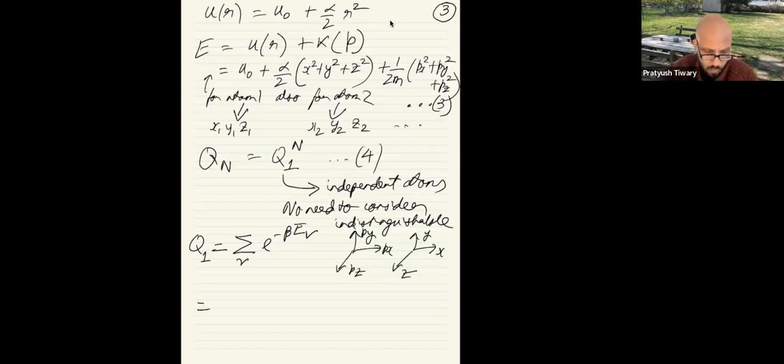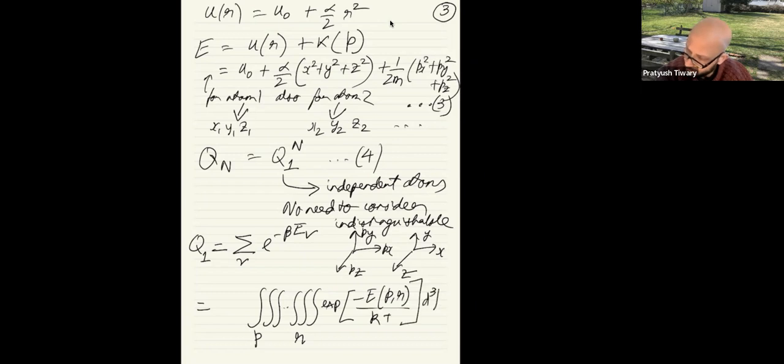So we are going to do, for every single particle, an integral over P coordinates, Px, Py, Pz, a triple integral, and an integral over R coordinates, Rx, Ry, Rz. And the integral is going to be of exp minus E of P comma R divided by kT.